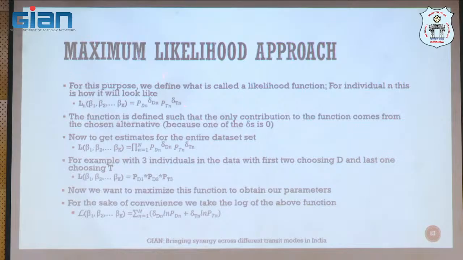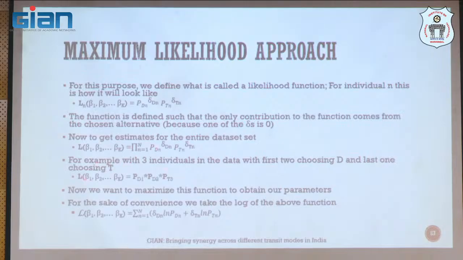So if the person chose drive, delta DN will be 1 and delta TN will be 0. So that second term will collapse. So that way I don't even have to worry about which is which. I just use the matrix columns appropriately. So this is how you do your log likelihood. For each person, it's automatically selecting drive if you chose drive, and selecting transit if you chose transit. So this is your likelihood function.